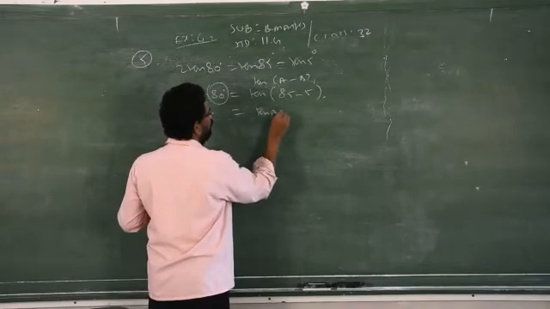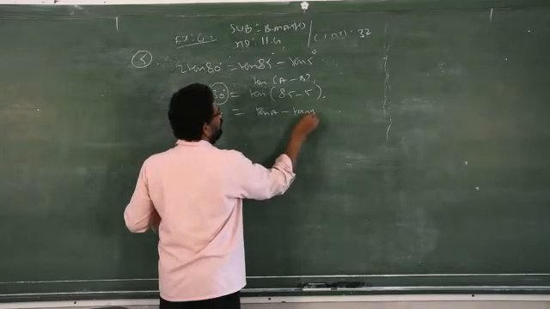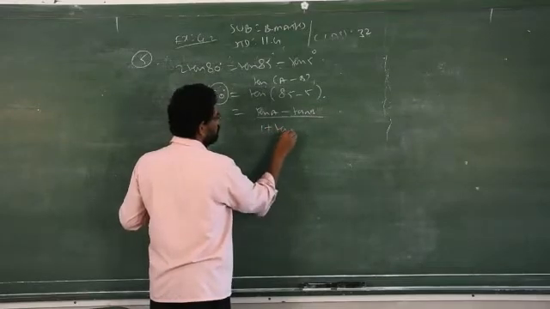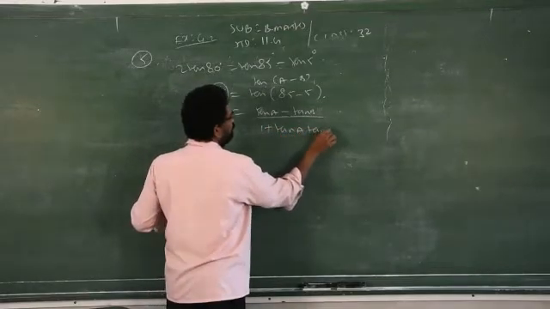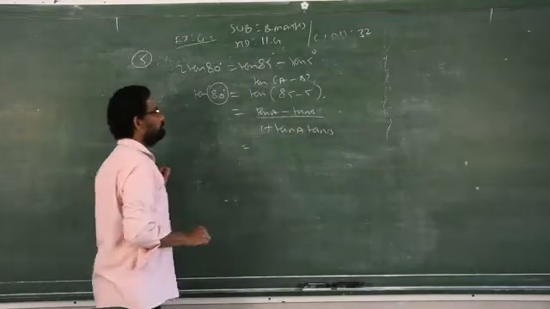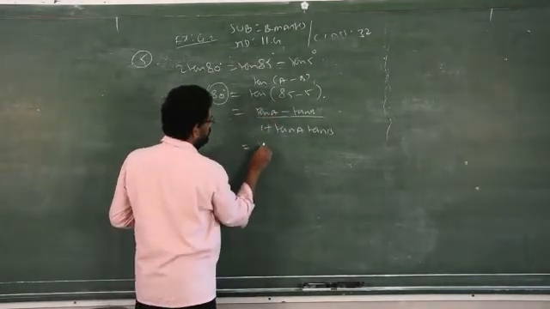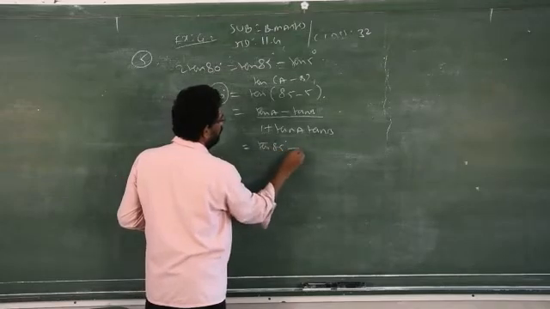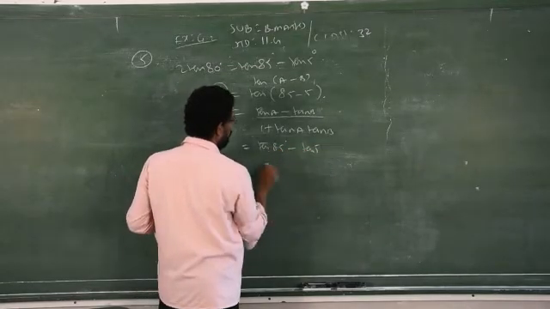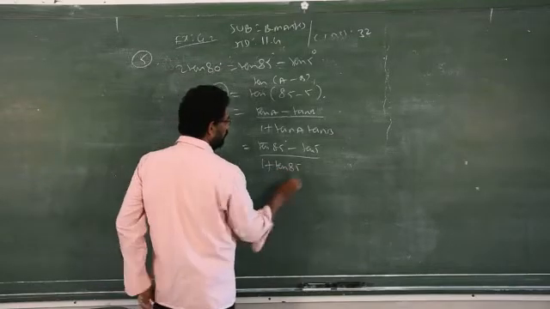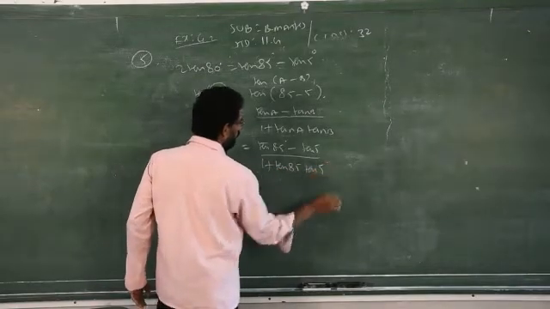Tan A minus tan B by 1 plus tan A tan B. Clear? So in the place of A, what is given? 85. So tan 85 minus tan 5 by 1 plus tan 85 into tan 5.